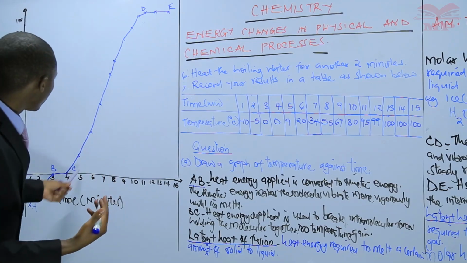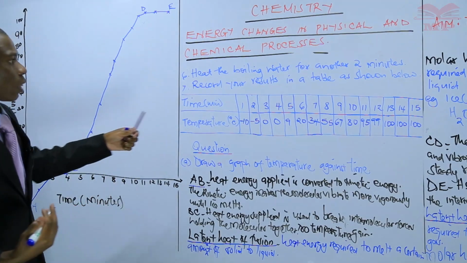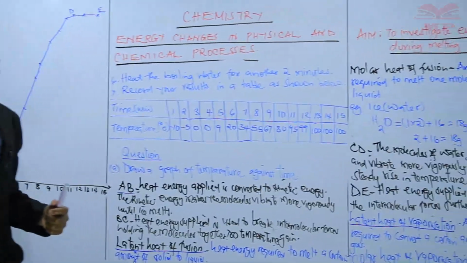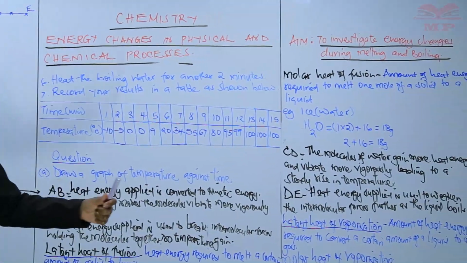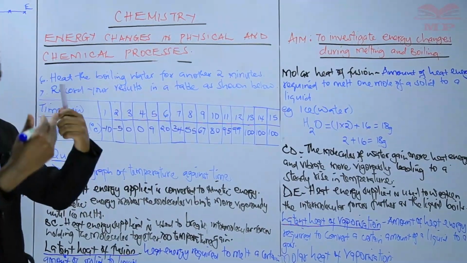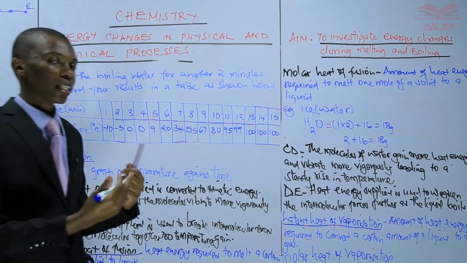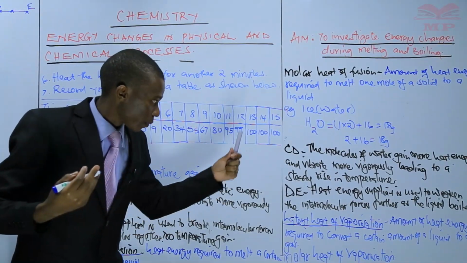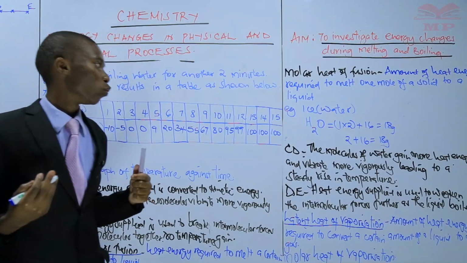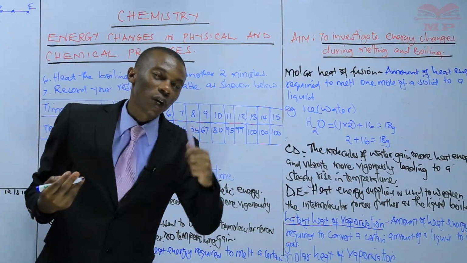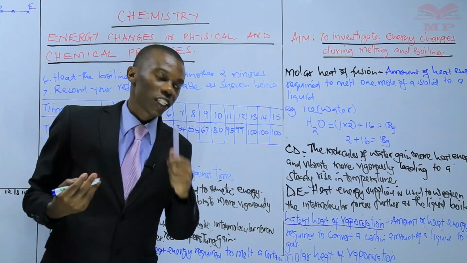Then at point CD, we have seen again that the molecules of water gain more heat energy. When they gain more heat energy, this heat energy is converted to kinetic energy, making the molecules of water vibrate even more vigorously, leading to a steady rise in temperature.